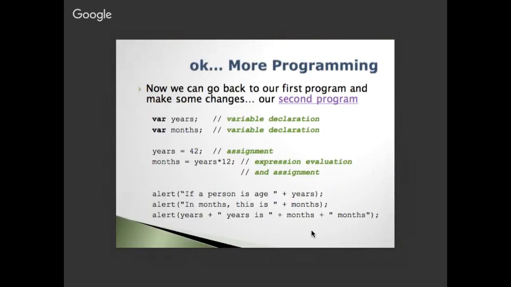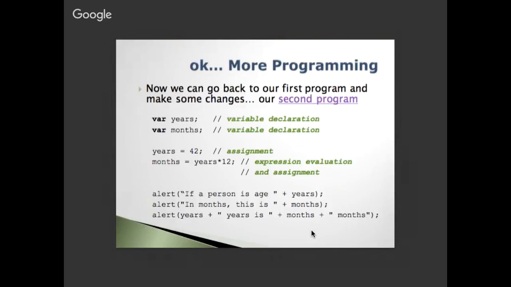An example is our first program here we're going to look at. var years, var months, years is 42, months is years times 12. The top two are variable declarations. The next one's an assignment, years equals 42. The next is an expression evaluation, years times 12, and an assignment, plugging into months.